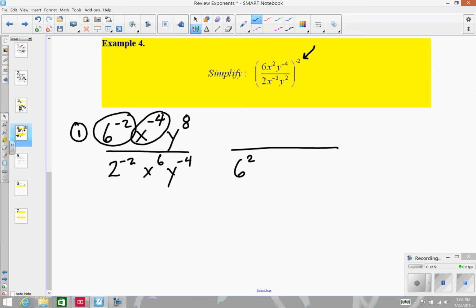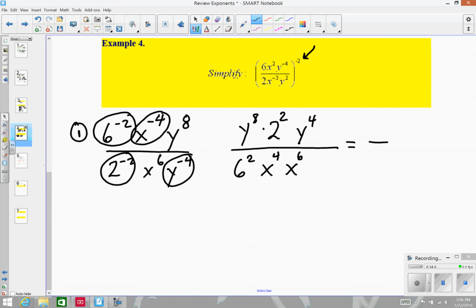And I've got this x to the 4th as a positive will be in the denominator. Y to the 8th, I'm going to keep where it is. What was in the denominator with a negative exponent, I'm going to move to the numerator. And then I'm going to keep my x to the 6th right where it is, move my y to the 4th into the numerator.